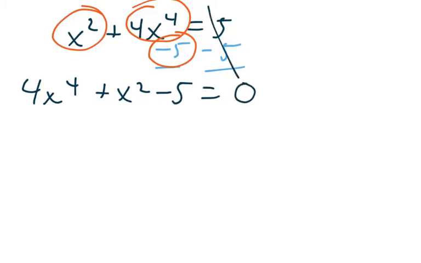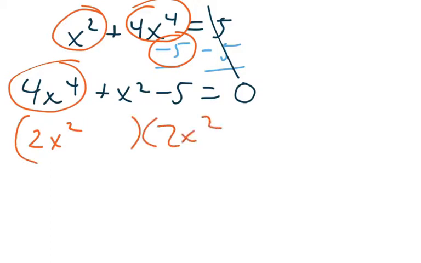Okay, now what? Well, guys, we're going to do something that we haven't learned a lot yet, called factoring. Okay, for example, see that 4x to the 4 there? What happens if I do 2x squared times 2x squared? Isn't that a 4x to the 4?